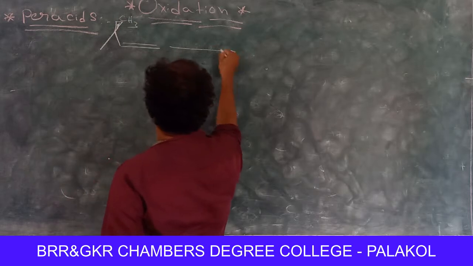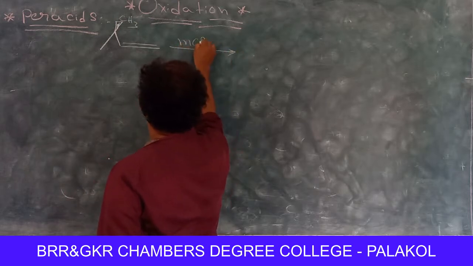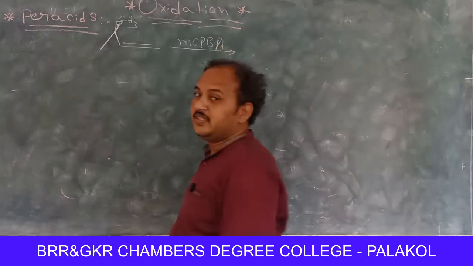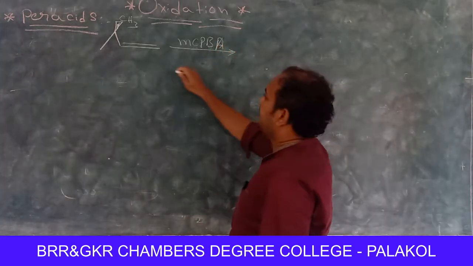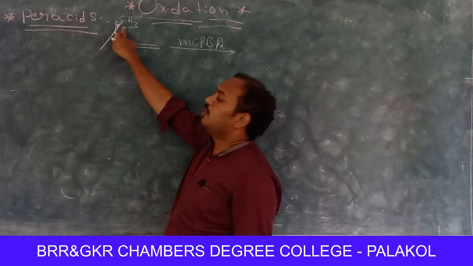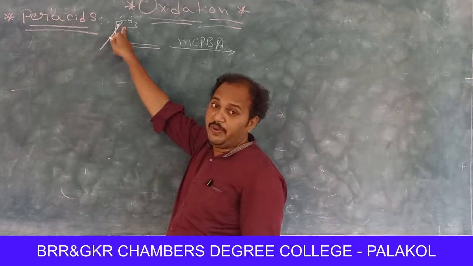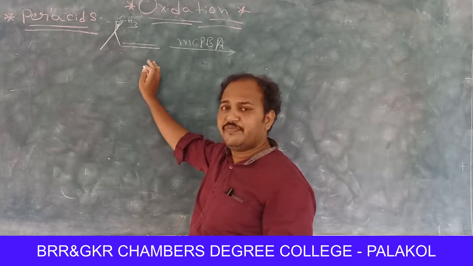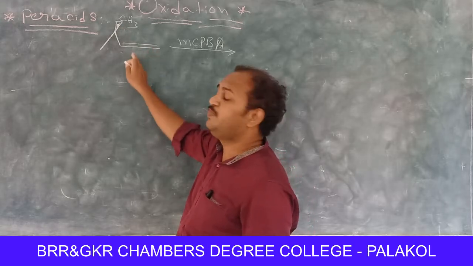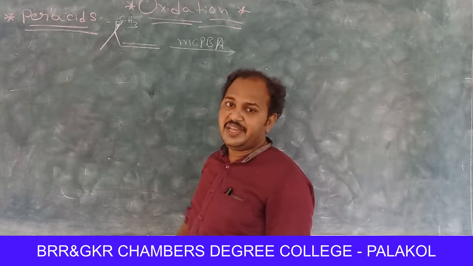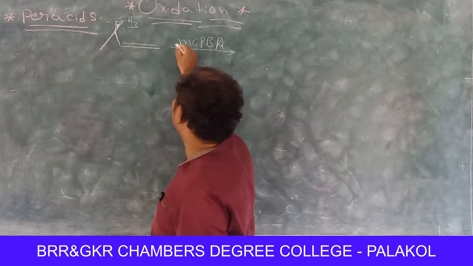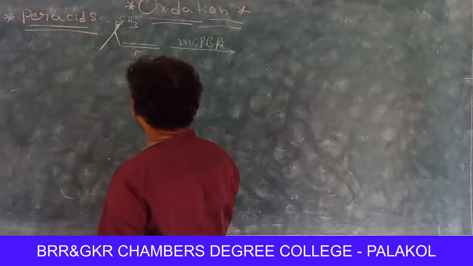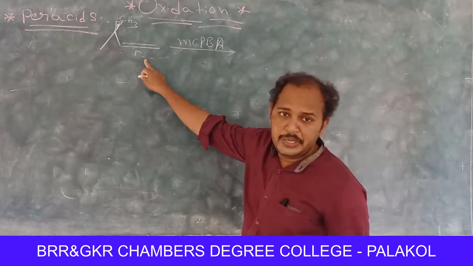Then if I oxidize with mCPBA, the resulting product, near the double bond, the group is present above the plane. Then the epoxide formation takes place only from below the plane. Why? Because below the plane is sterically less crowded. So that's why epoxide formation takes place from below the plane.